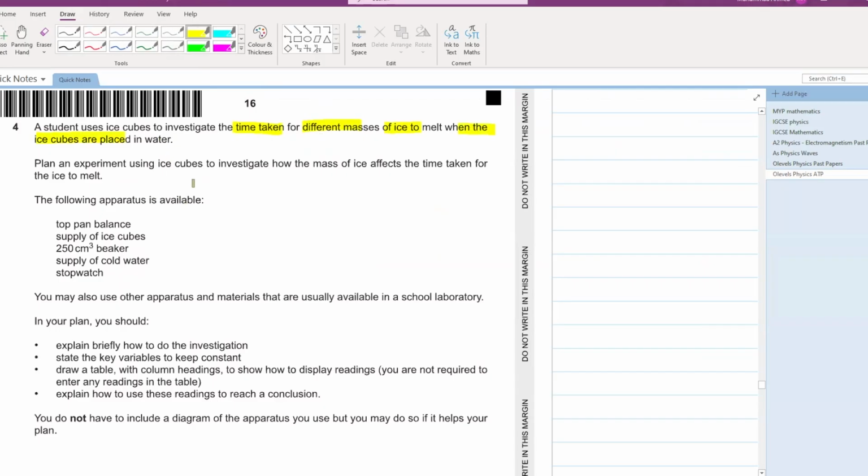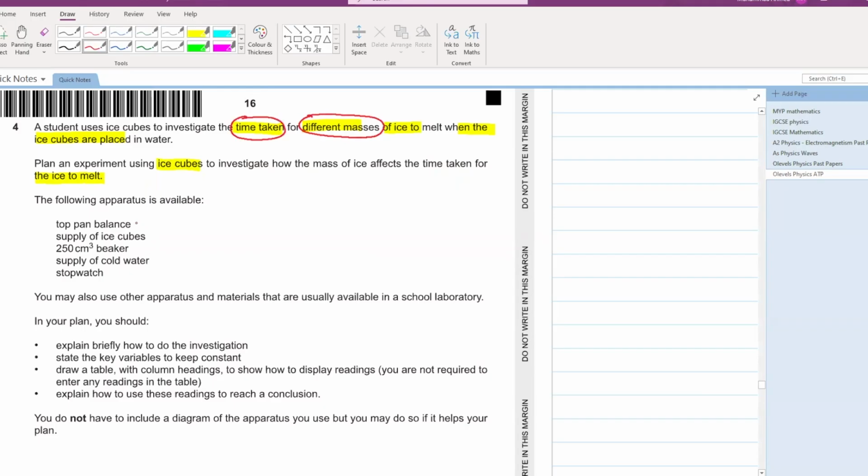Perfect. Plan an experiment using ice cubes to investigate how the mass of ice affects the time for the ice to melt. So basically, we are taking different masses of ice and we are seeing the time taken for the ice to melt.